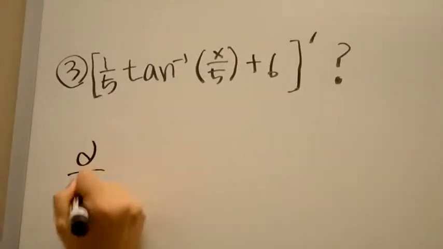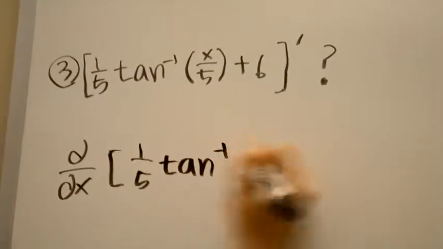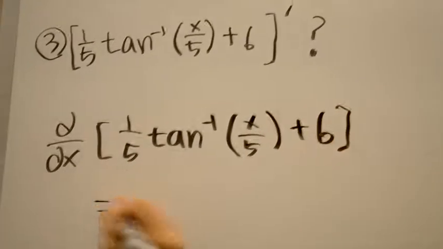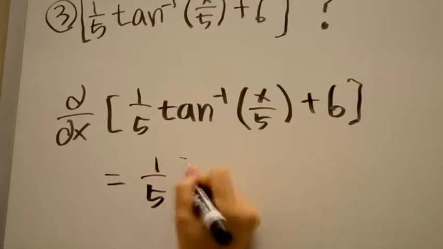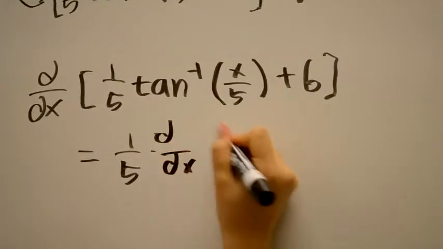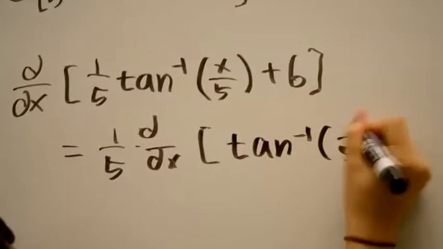So we're going to solve an example of inverse tangent derivative. And in here we also have x over 5 and a coefficient in the front, so it's going to be a bit more complicated than other examples.